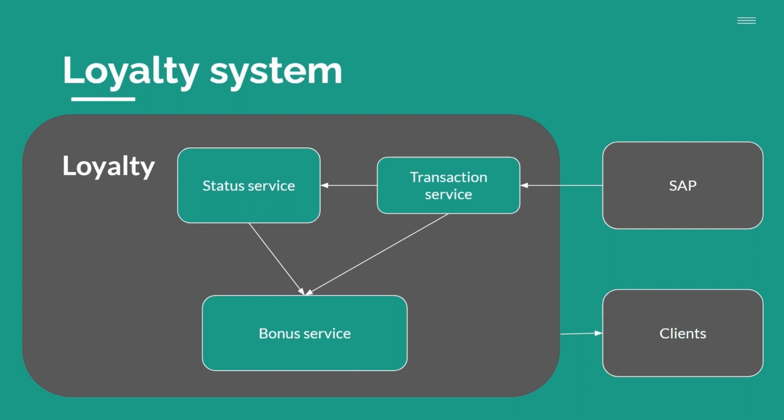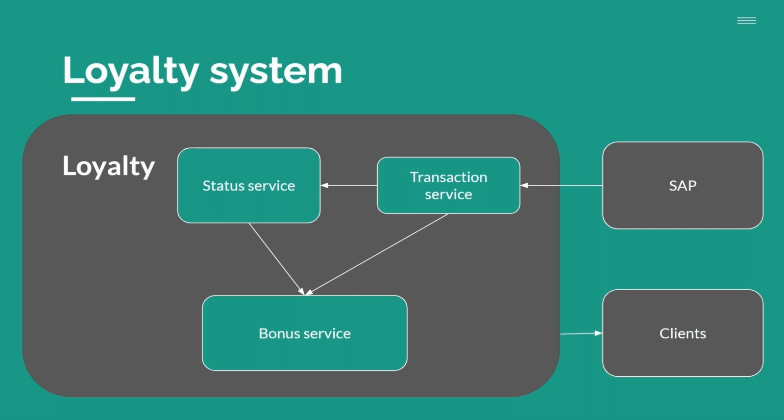Of course, we went for microservices. I wasn't there for setting up the architecture. I came to something like this. Of course, this is a simplistic view, but we've got subsystem that is feeding our loyalty system, this whole thing, transactions.